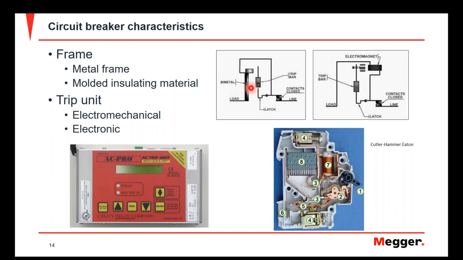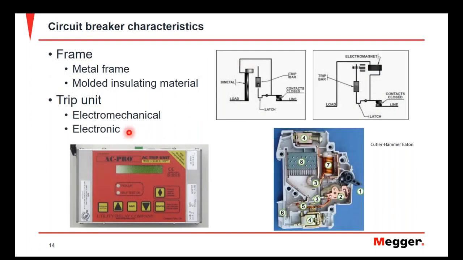And if it expands enough, then it's going to activate this trip bar to open the breaker. Additionally, it may have an element like this that's associated with the instantaneous trip function. And it operates similarly to what we just talked about, where the element is in line or in series with the current path. But what will happen is whenever there's enough current generated, this electromagnet is going to pull on this plunger and activate the trip bar and thus open the breaker.